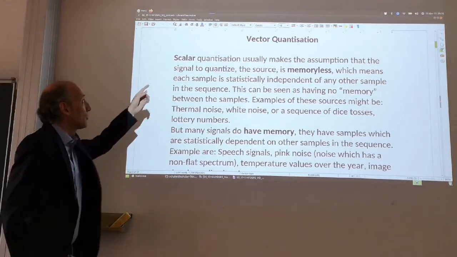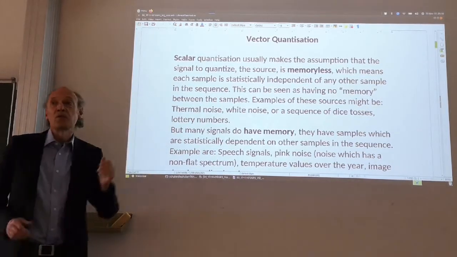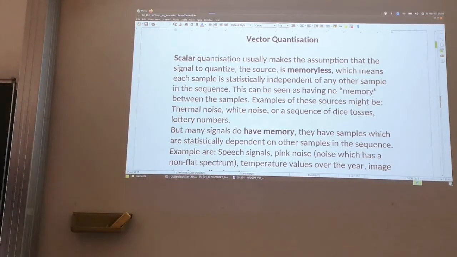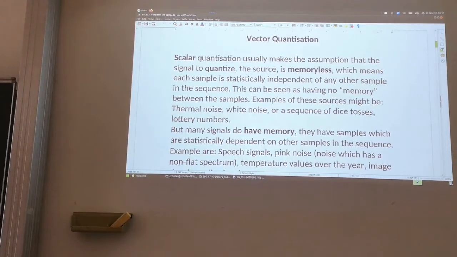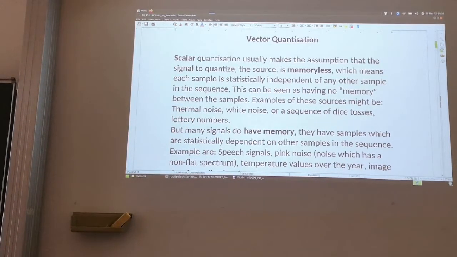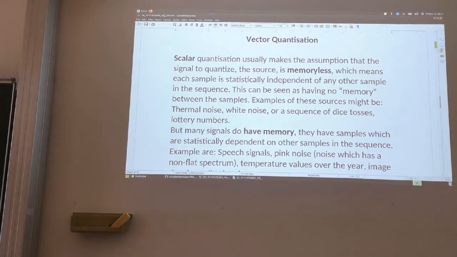So in scalar quantization, we usually make the assumption that we have a memoryless system or signal, which means that one sample is more or less random or totally random. It does not have anything to do with its neighbors. But when you look at, for instance, speech or audio, they have a lot of similarity, so they have to do a lot with their neighbors.